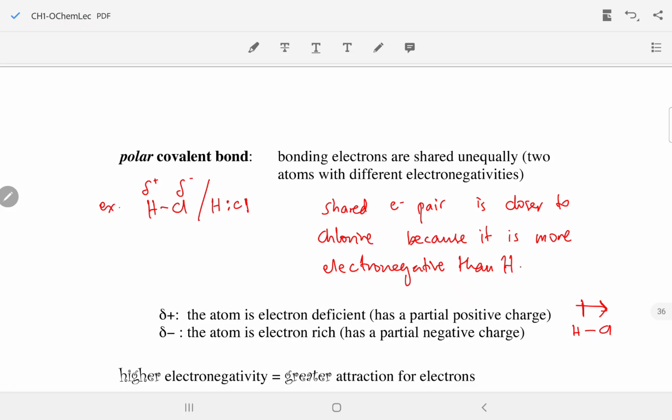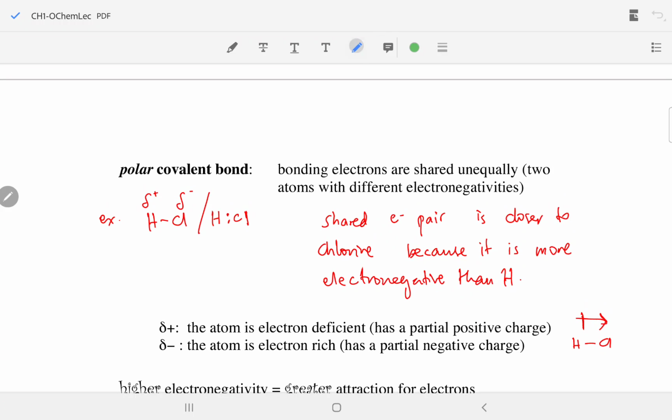So what is electronegativity? Electronegativity is the ability of an atom to attract electrons towards itself. So between H and Cl in hydrogen chloride, Cl is more electronegative compared to H. So that's why the electrons spend more time here with Cl than H because Cl is more electronegative.